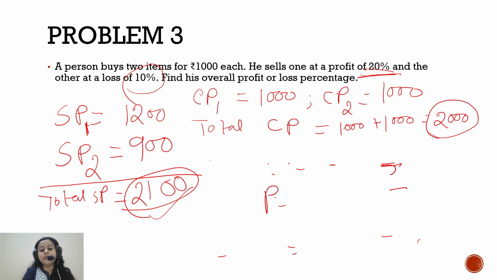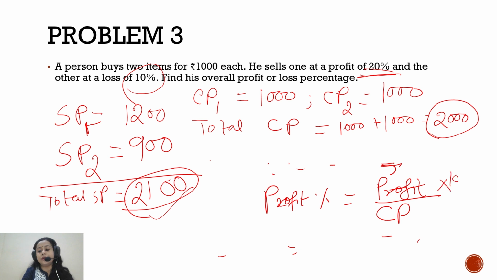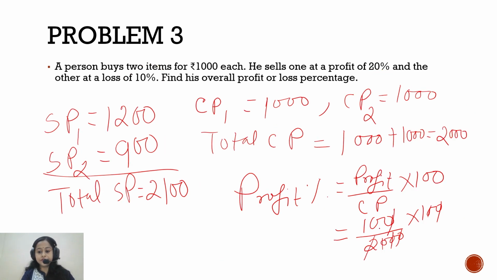So profit percentage will be profit amount by total cost price into 100, right? So profit amount, as we found out, is 100 by total cost price 2000 into 100. So 0 will cancel out. So it will be 5%, right? So profit percentage will be 5%.